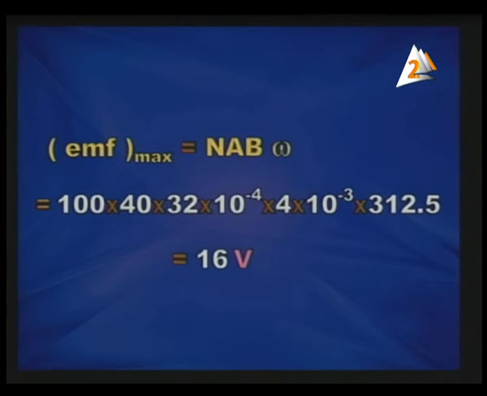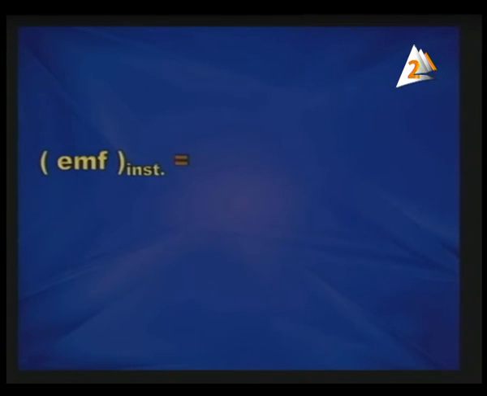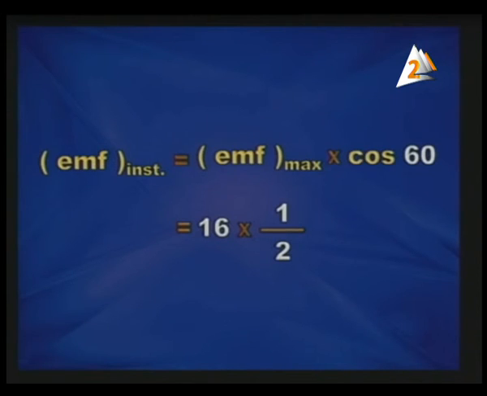It is 16 volt. Instantaneous EMF equals EMF maximum times cosine 60. So it will be 16 times cosine 60, which is equal to half. It is 8 volt.